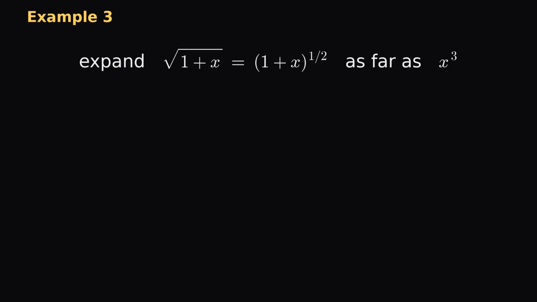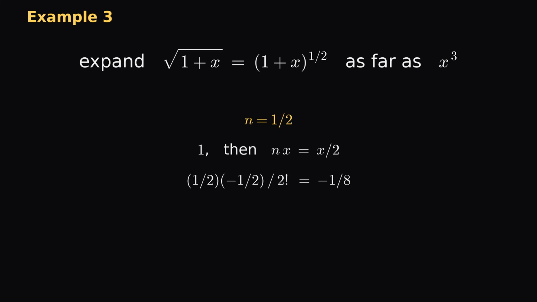Example 3. A fractional power. Expand the square root of 1 plus x, which is (1 plus x) to the power a half, as far as x cubed. n is a half. First term, 1. Then nx, which is x over 2. Then a half times minus a half over 2 factorial.